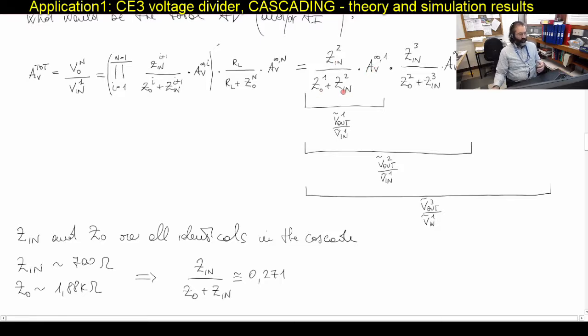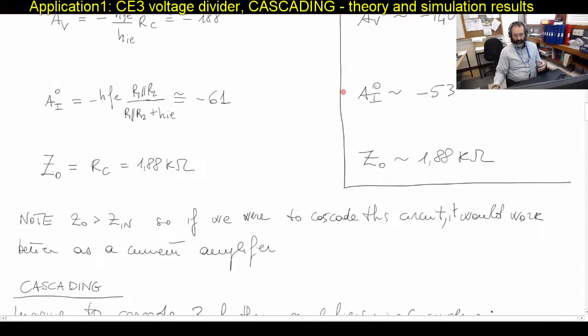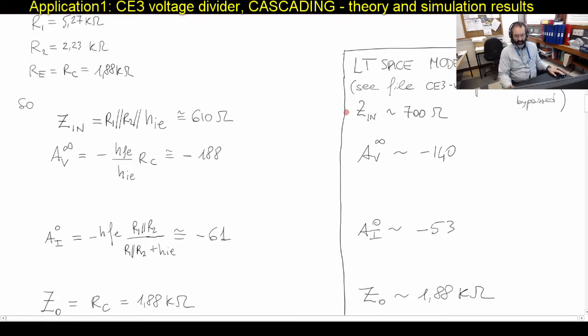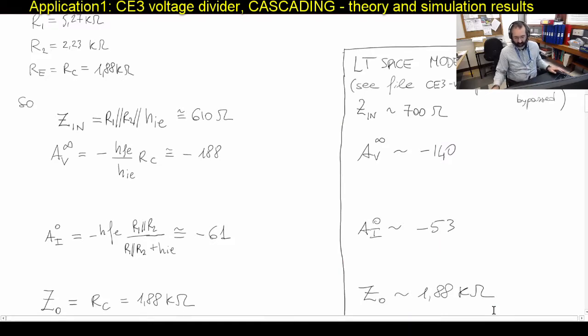So to do this calculation, obviously we need AV infinite, Z in, Z output. Just to make sure our calculations are based on the right numbers, since in our simulation we will use the same transistor we used previously to simulate the CE3 amplifier by itself, and we got these values here. So to calculate theoretically what we expect, I will use these values obtained from the model, to be more relevant for the simulation as well.